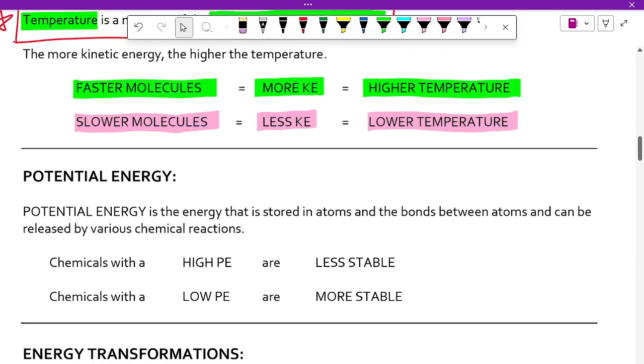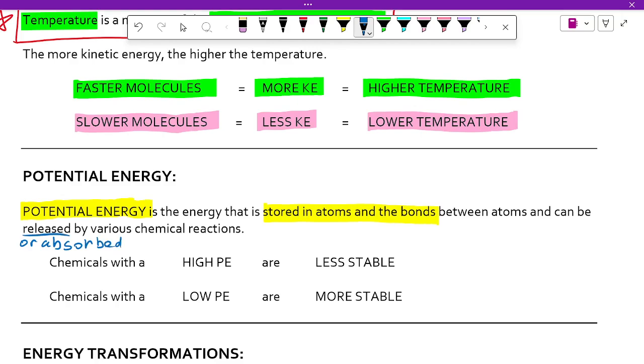Potential energy is the energy that is stored in atoms and their bonds. It can be released or absorbed by various chemical reactions.